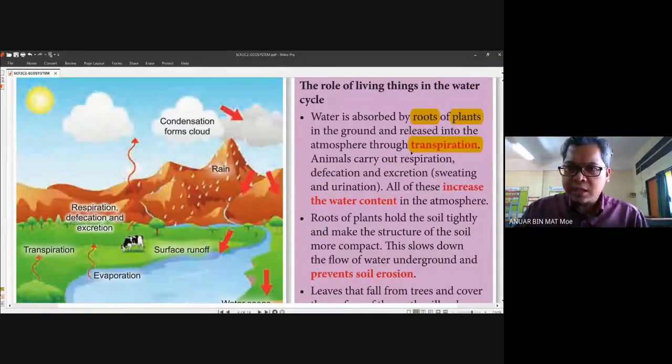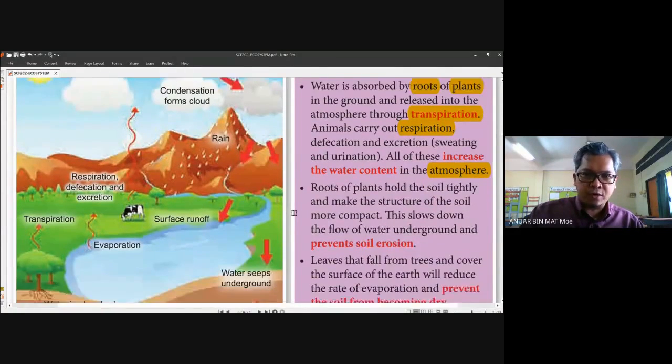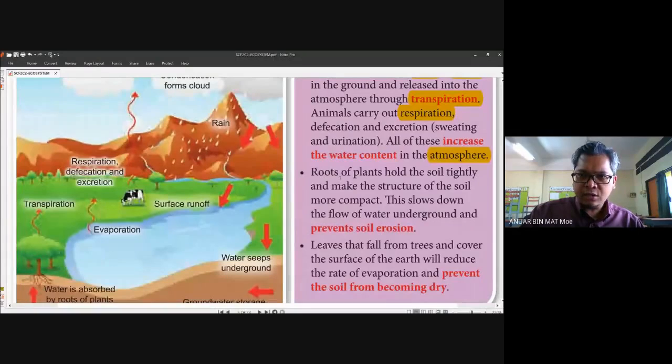Water is absorbed by roots and plants in the ground and then released into the atmosphere through transpiration. And then animals carry out respiration, defecation, and excretion. All of this increases the water content in the atmosphere. Roots and plants hold the soil tightly and make the structure of the soil more compact.